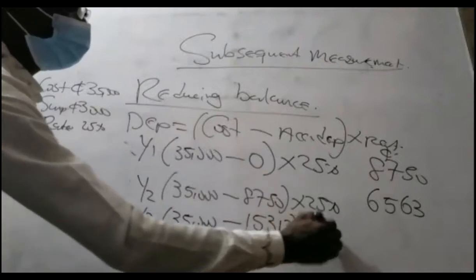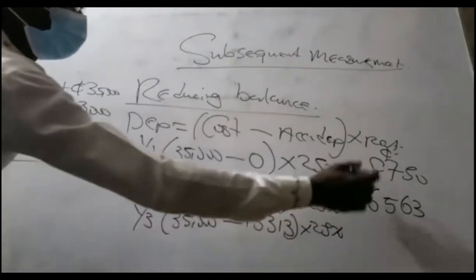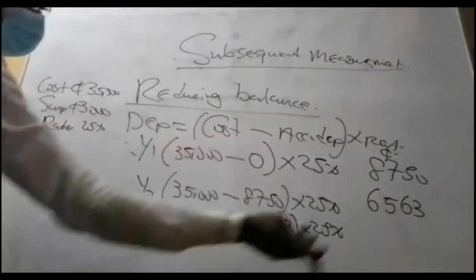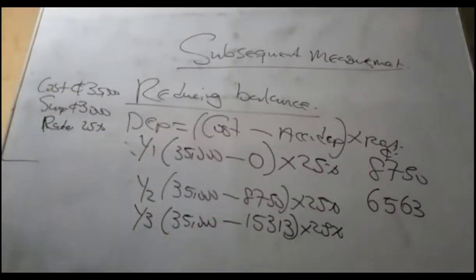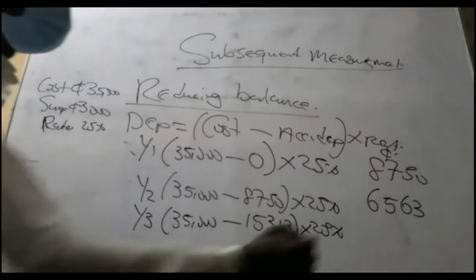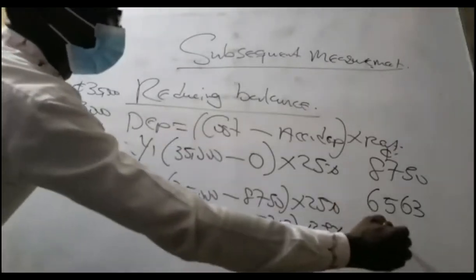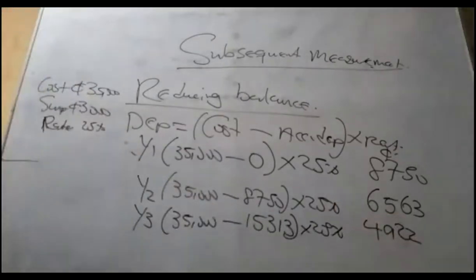Now times 25%. That's the reducing balance method. As the years go ahead, subtract any depreciation charged before you charge any new depreciation. You are done. And this gives us what? 4,922, if my calculator is right.